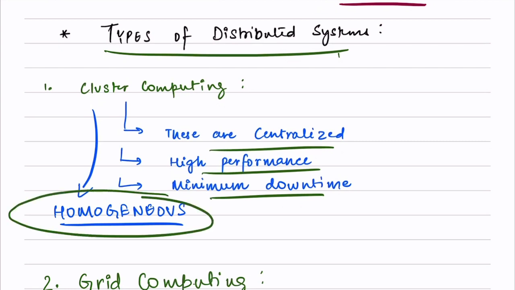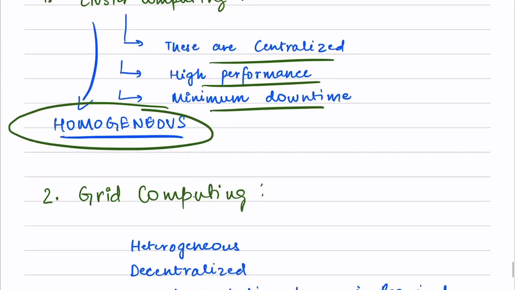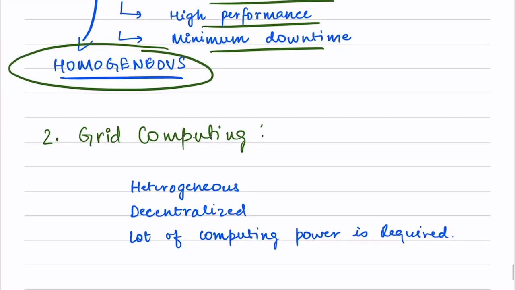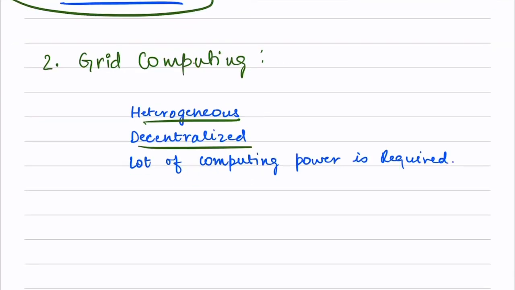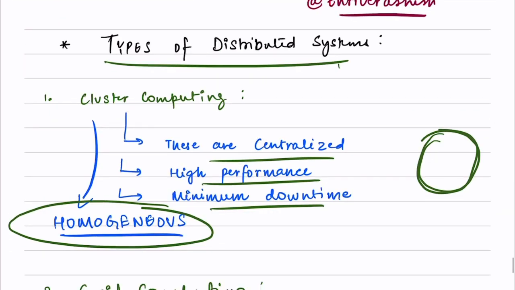On the other hand, grid computing is heterogeneous and decentralized. It is not centralized to one node or server; it is distributed across others. For grid computing, a lot of computing power is also required. These are the two major types of distributed systems.